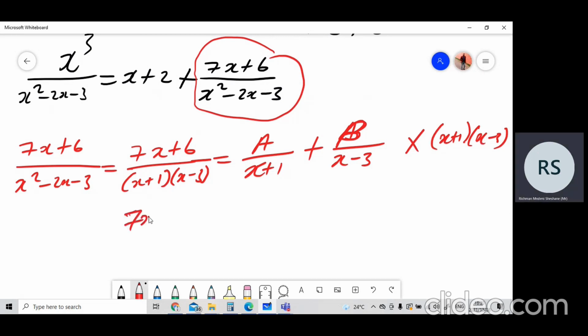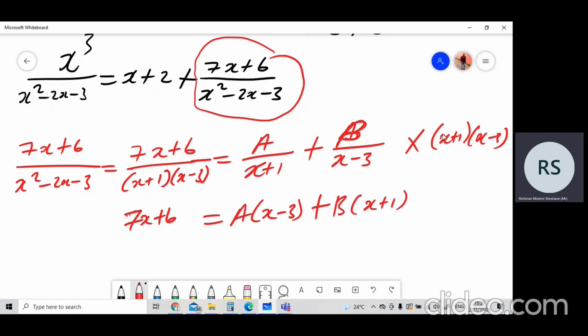So you're going to have 7x plus 6 equal to, on the right-hand side, starting with the first term, x plus 1 with x plus 1 will cancel. We're left with x minus 3 times A, plus B: x minus 3 will cancel, so it will be x plus 1 multiplied by B.